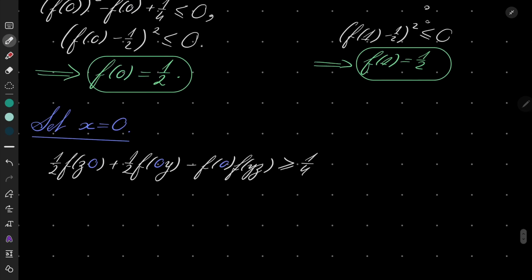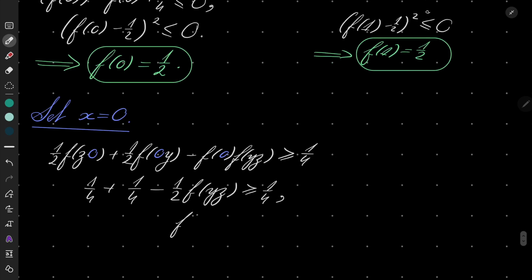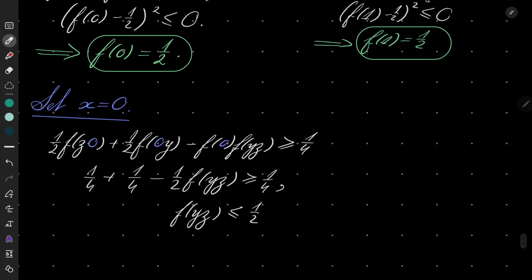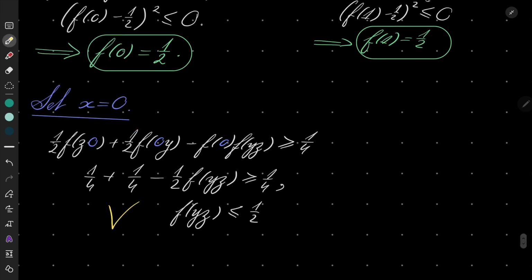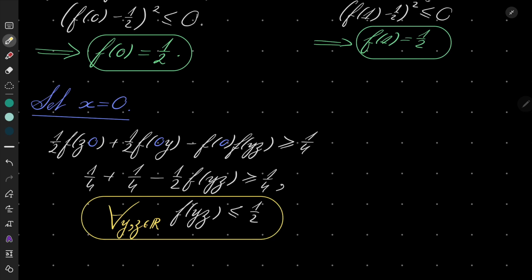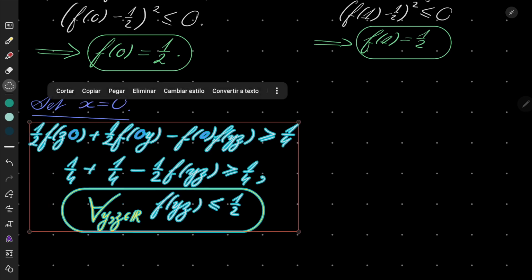And now we know that f(0) is 1/2, so I have 1/2 times 1/2, 1/4, plus 1/4, minus 1/2 f(yz) greater than or equal to 1/4. Well, and that means after some simplifications that f(yz) is less than or equal to 1/2. And remember that is true for all real numbers y and z.